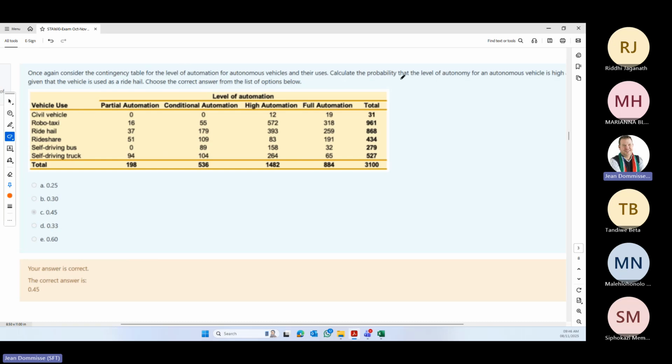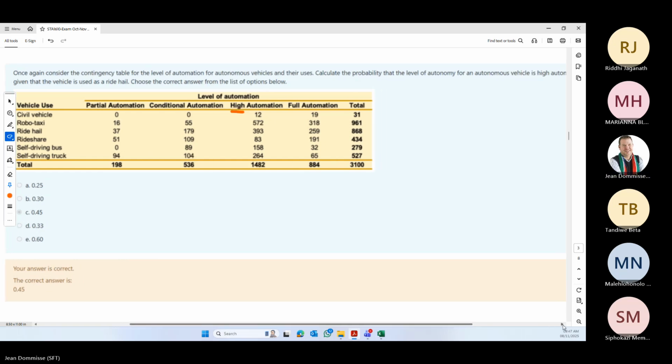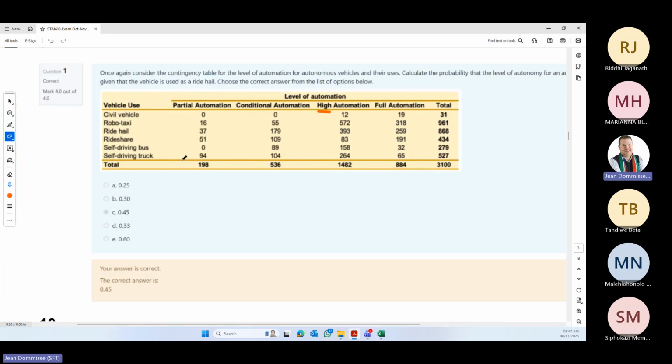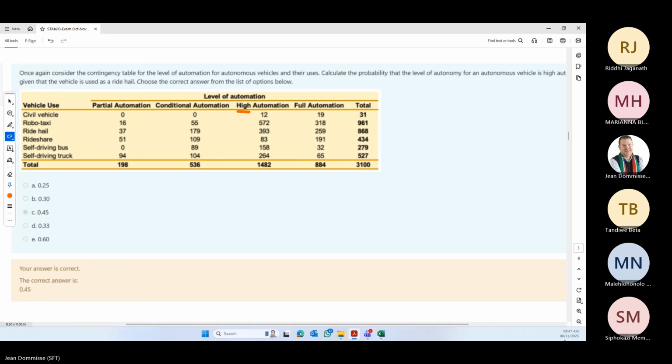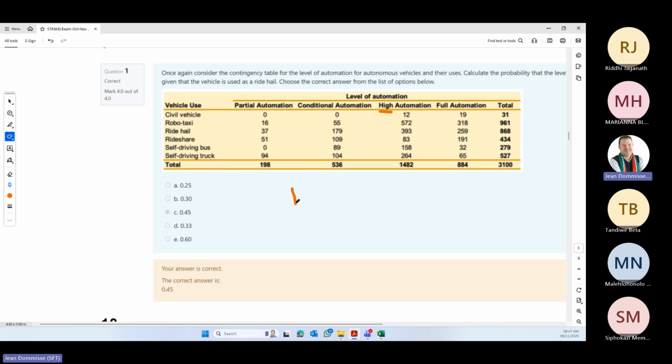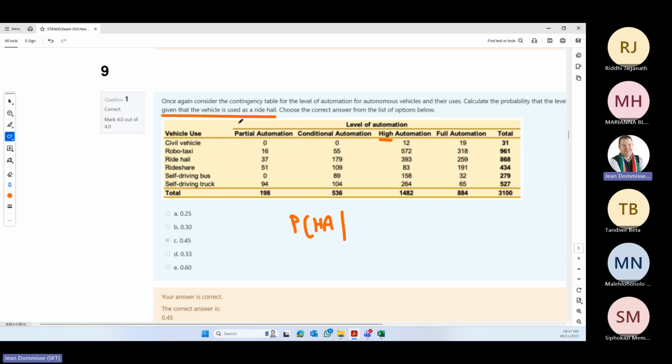Calculate the probability that the level of autonomy for an autonomous vehicle is high automation, given that the vehicle is used as a ride hail. Okay, so that's nearly like an Uber.